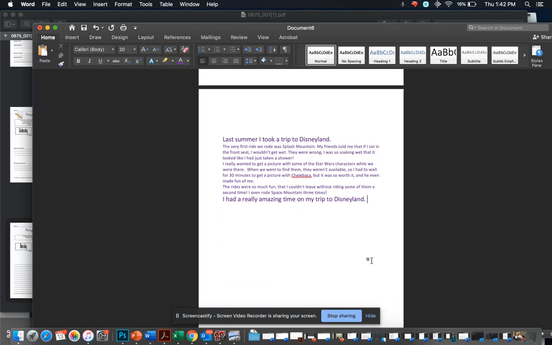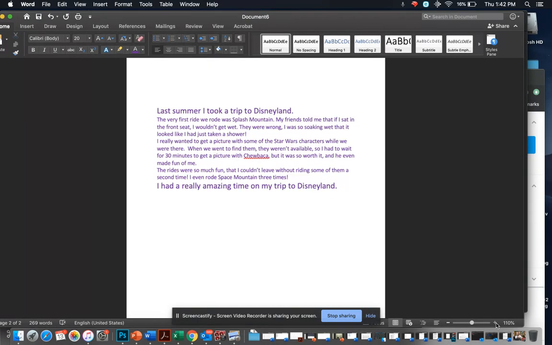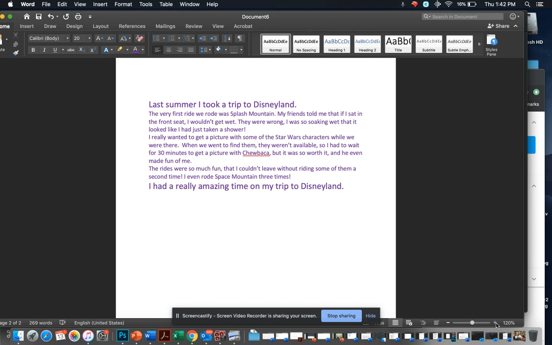I'm going to read it one more time to make sure that it looks good to me and sounds good to me. A tip I gave you the other day when going back through your work is to read it out loud. Oftentimes we can catch sentences that sound a little funky easier when we read out loud than when we're just reading in our head.